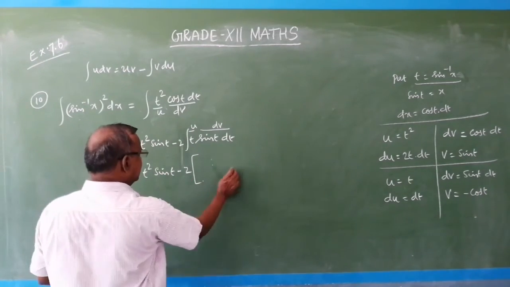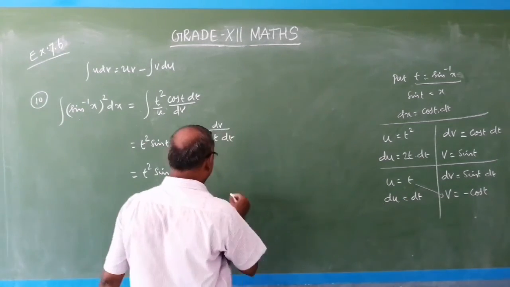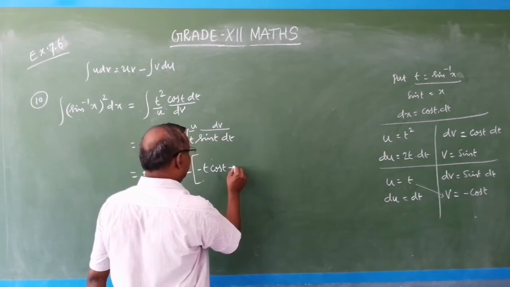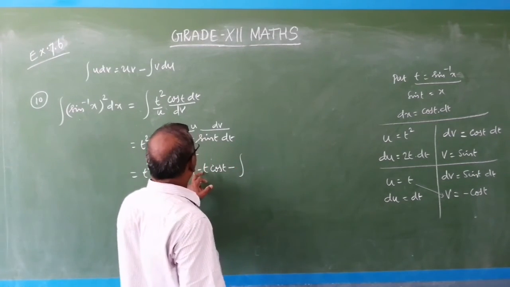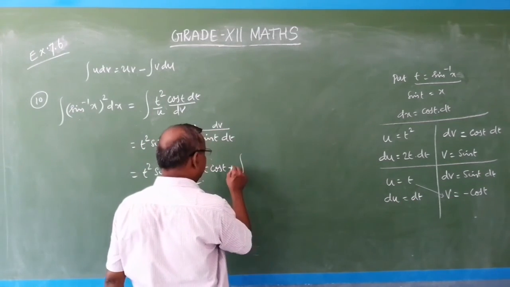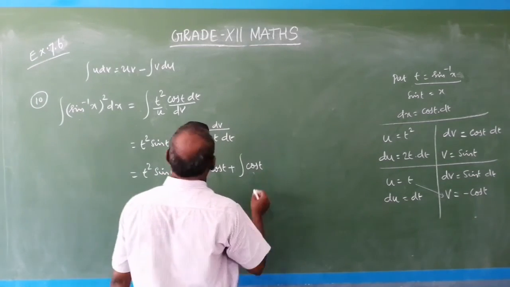Now, this is uv, uv means minus t cos t, and minus integral v du, v means minus cos t, minus into minus plus cos t, and du means dt.